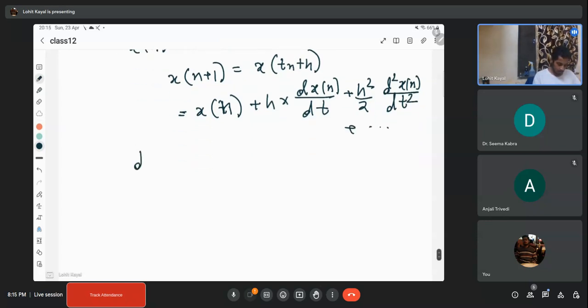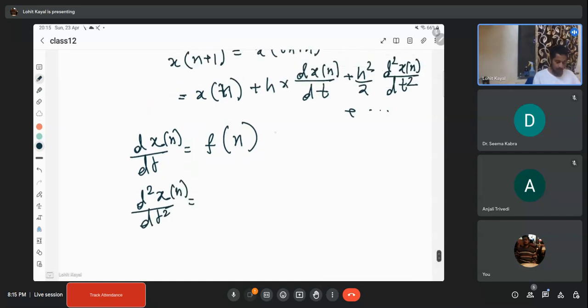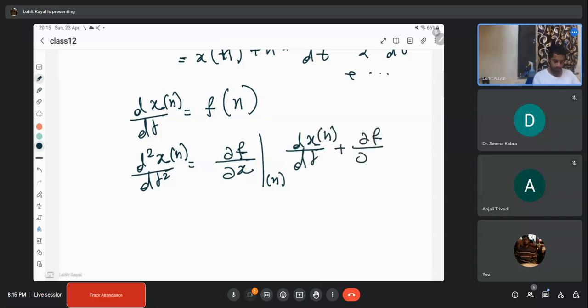Now we have dx/dt equal to f_n, right? And for d squared x/dt squared at n, you can see that f is a function of both x and t. So you need to expand it and use the chain rule, and you will finally find this. The subscript n indicates that it is at x_n and t_n.